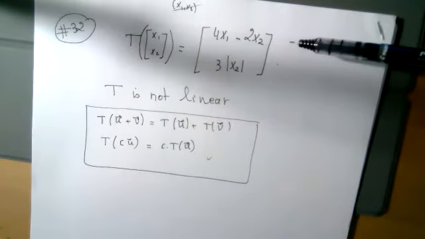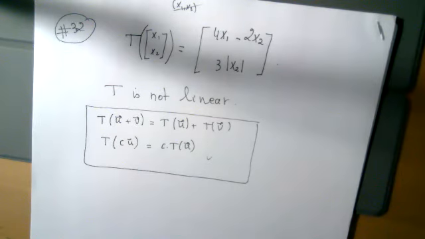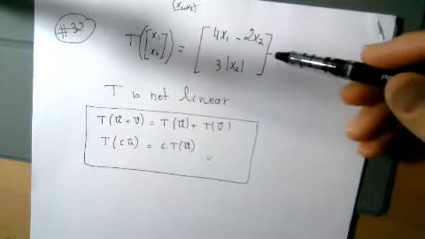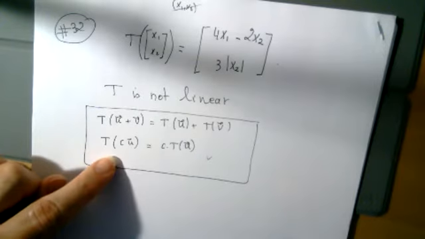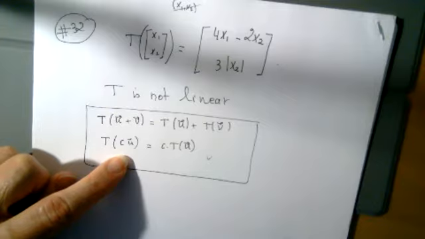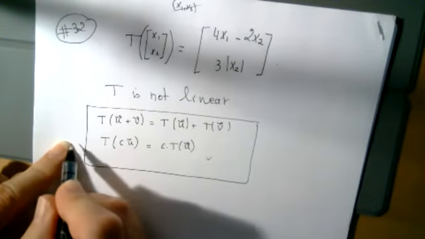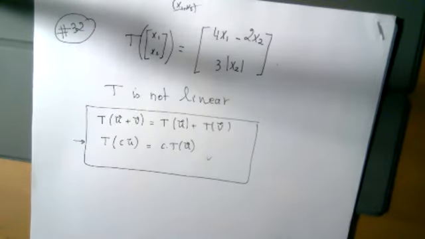So let's go back to this problem, and who can give me an example to show me that this property failed? I'm expecting from you a scalar and a vector such that this property here fails. Ideas? The scalar should be negative.